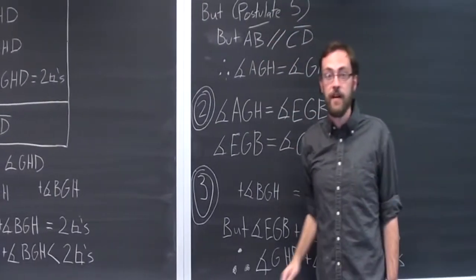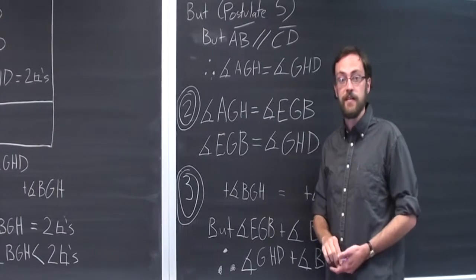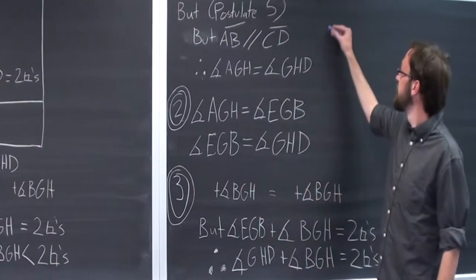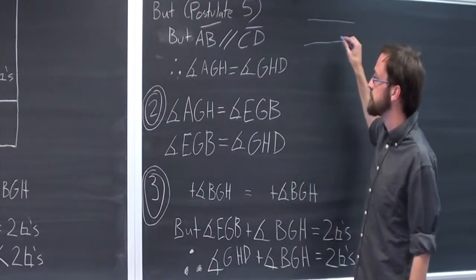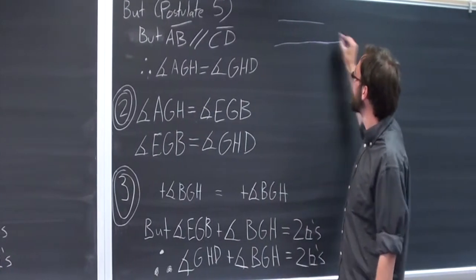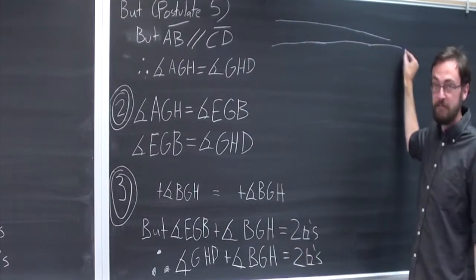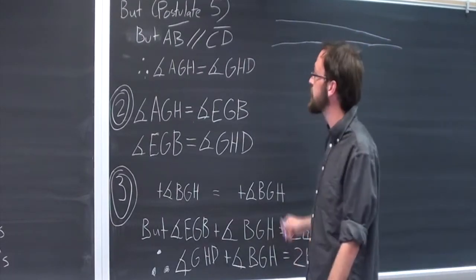But we have postulate 5, in which, in the beginning of the Elements, Euclid claims that if two angles are less than two right angles, then eventually, if you keep going, they'll meet, right? That's the basic idea of the postulate.